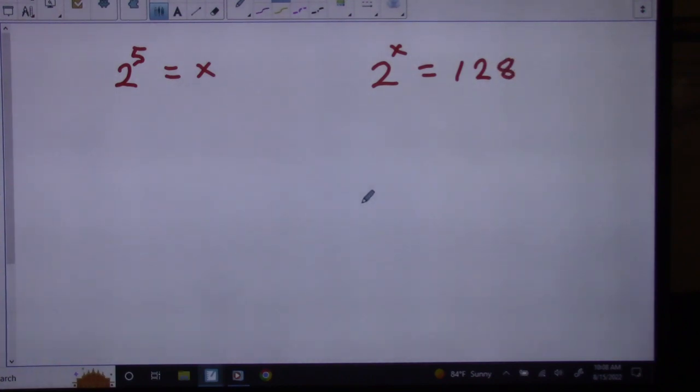What is x? Is it 7? What happens is we can rewrite this exponential equation as a logarithmic equation. What we're going to say is log base 2 of 128 is equal to x.